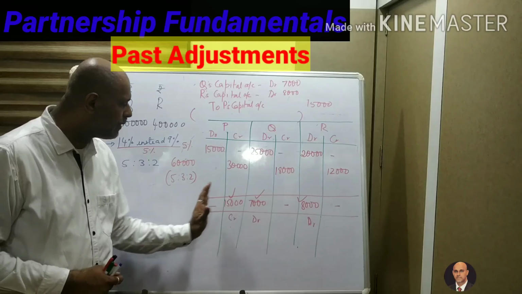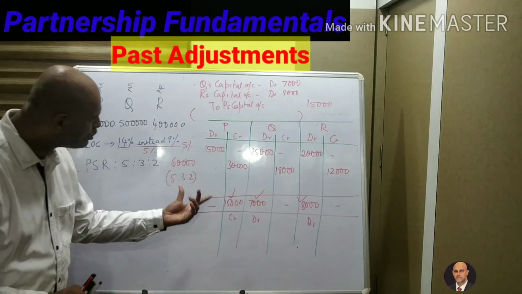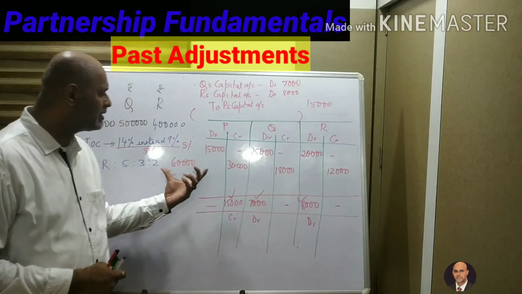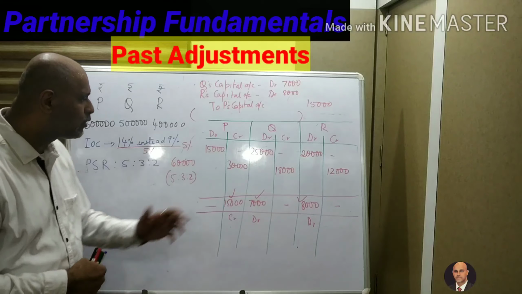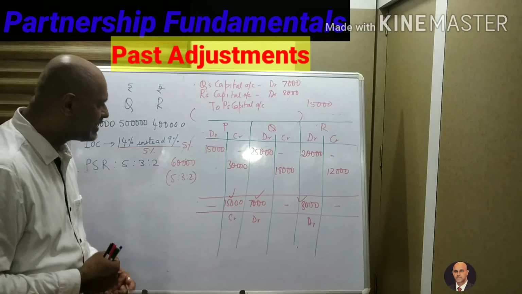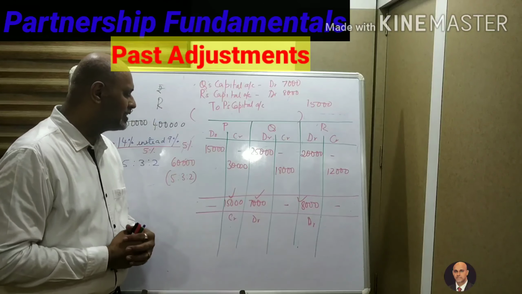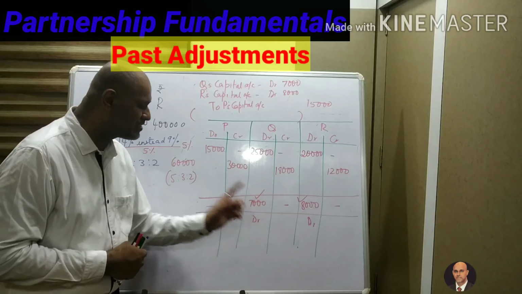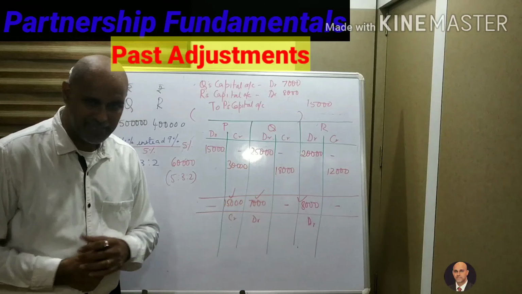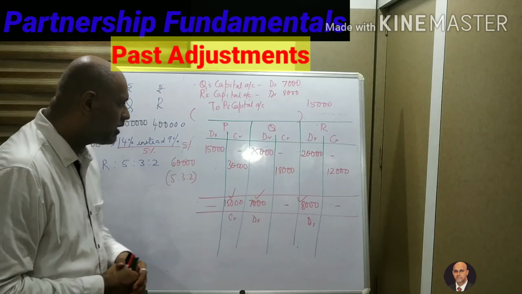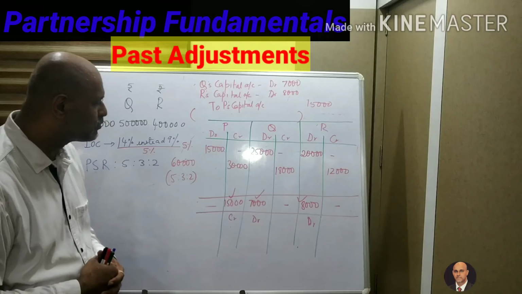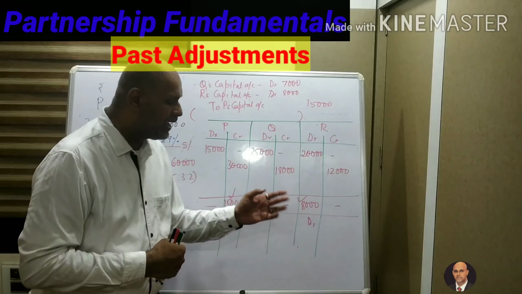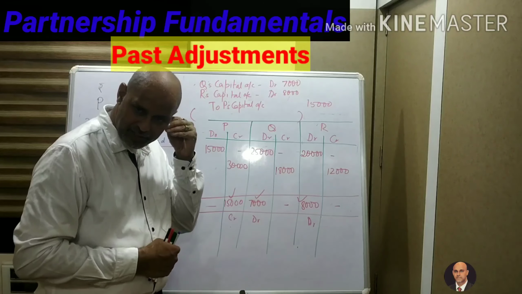Okay, when I compare both the columns, I come to know that the credit of P is greater than the debit by 15,000. When I compare Q's column, I come to know that the debit of Q is greater than the credit of Q by 7,000, that is 25,000 minus 18,000. Then when I come to R, when I subtract these two figures, I come to know that 8,000 is greater in this case.